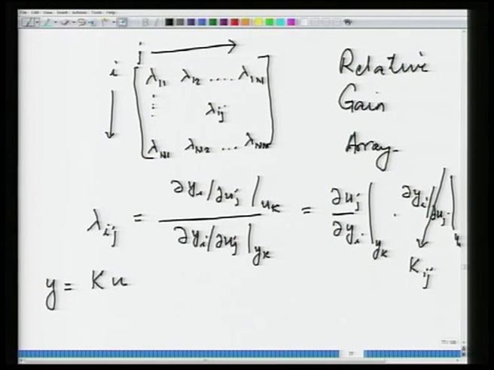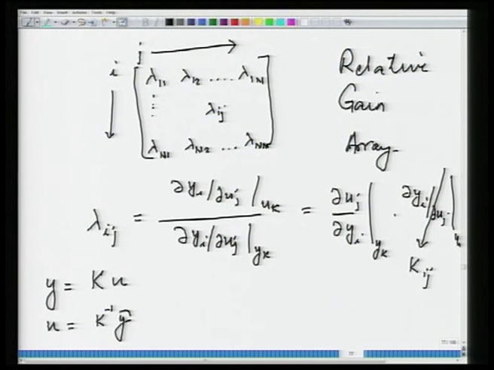Okay. What is this guy? How do I get this guy? Well, to get this guy, let me invert it and get u is equal to k inverse y. All right. Now, if all the y's except yi are held constant, what that means is that all the terms in this vector except the ith term are 0.